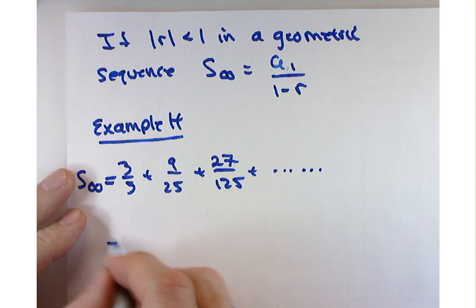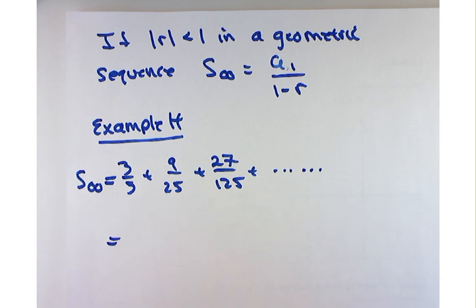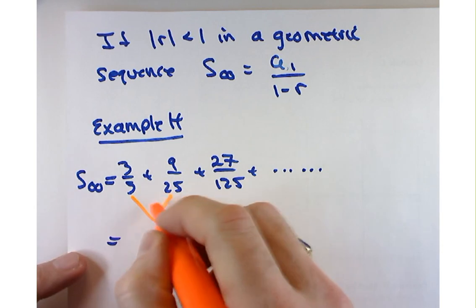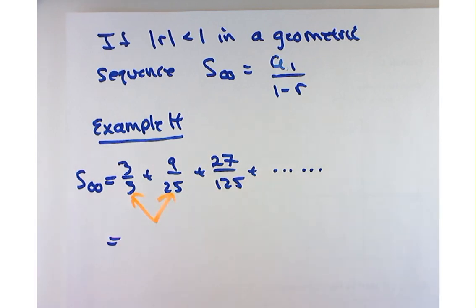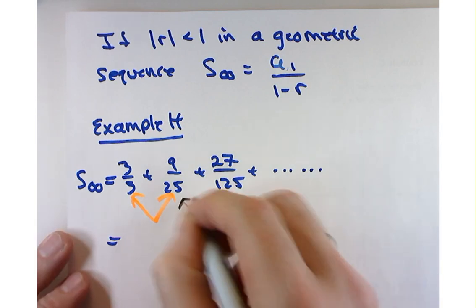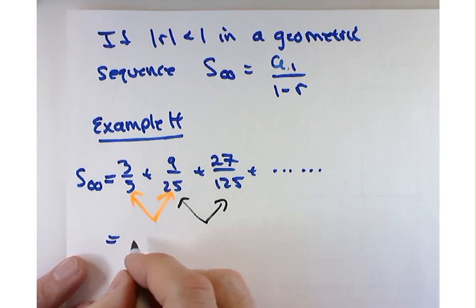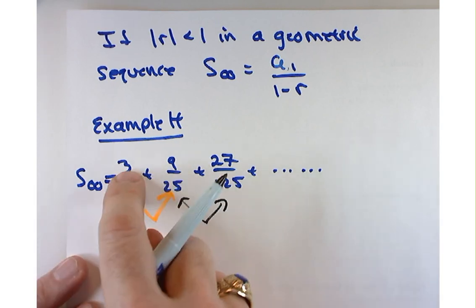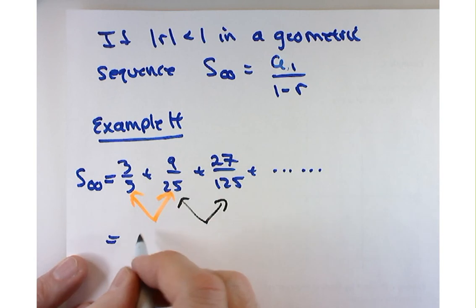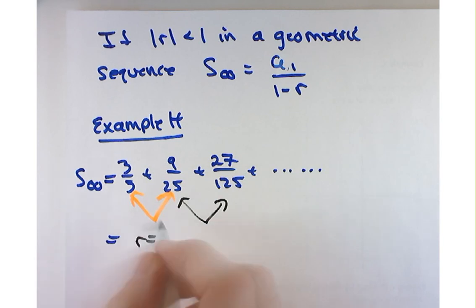And in fact, let's see if we can find this. Now, one thing that has to be true is that you have to have a geometric sequence. So do we have a geometric sequence here between these numbers? Well, if you calculated this divided by this, you get r equals 3/5.